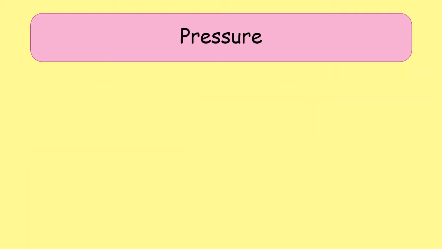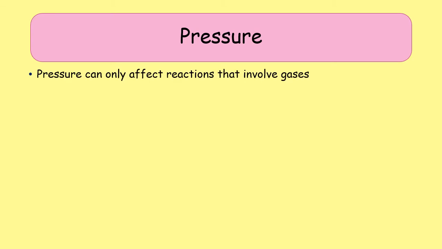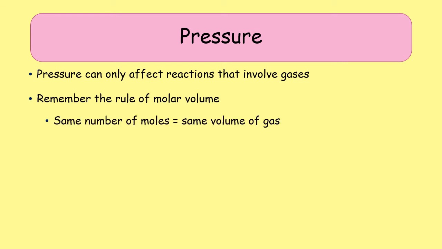The next thing that can change or shift equilibrium is pressure. Just like every time we deal with pressure, it can only affect reactions that have gases. And this means gases at any point in the reaction. You need to remember for this the rule of molar volume, that if you've got the same number of moles, that's the same volume of gas.